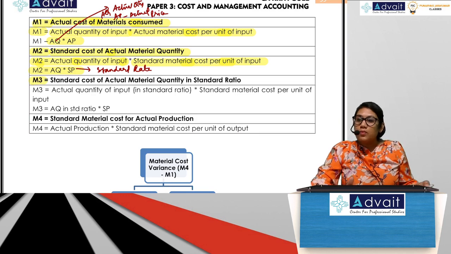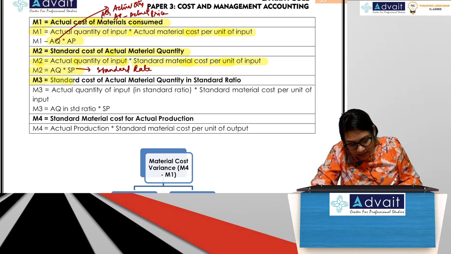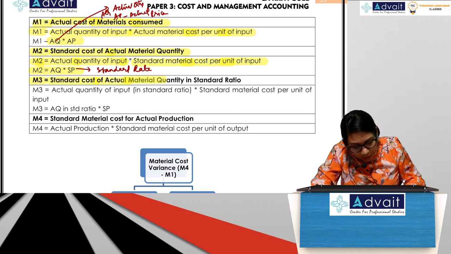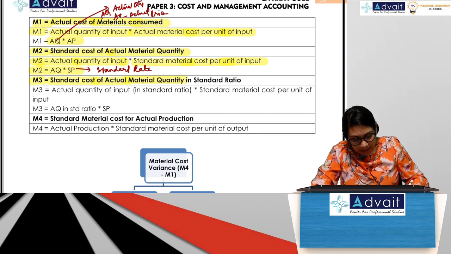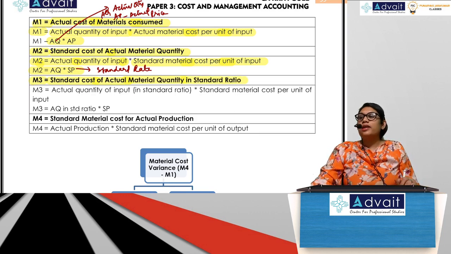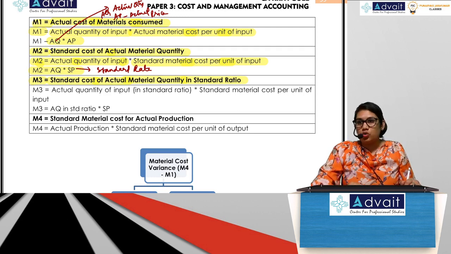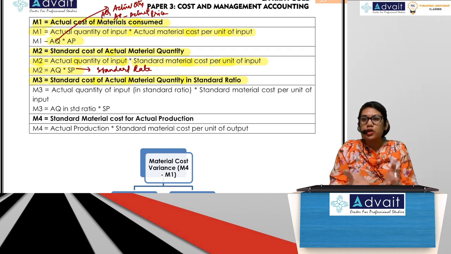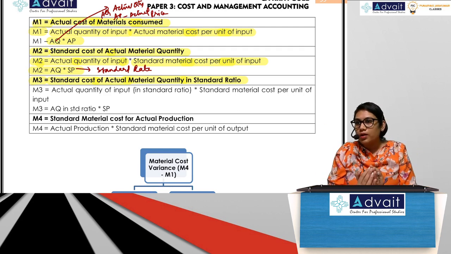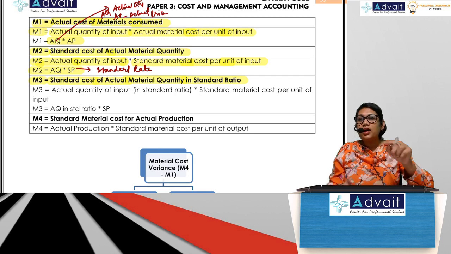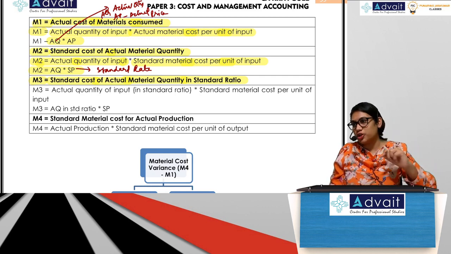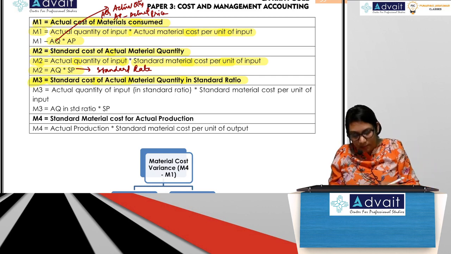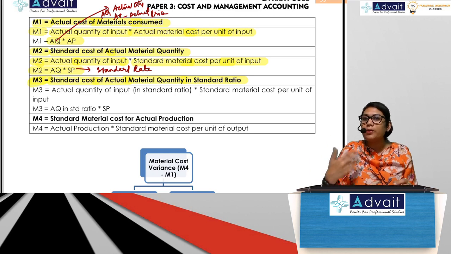M3. Let's read this. Standard cost of actual material quantity in standard ratio. So whatever is your actual material quantity, that will be divided in the standard ratio. So remember, this can be found out only if there are multiple materials.